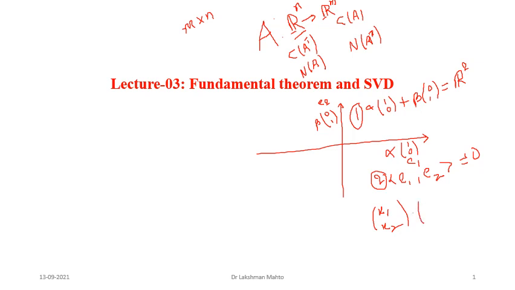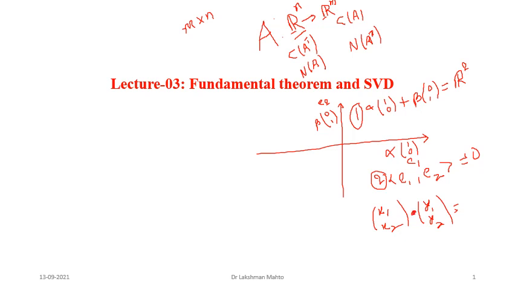It is happening because we have taken the standard basis of R2, 1 0 and 0 1. Now we are going to generalize, because in data science or machine learning problems, generally you will deal with data space. There would be no specific form, you won't observe a standard form.